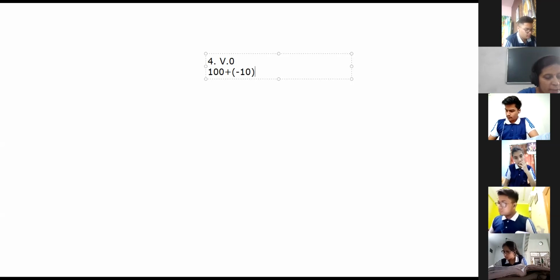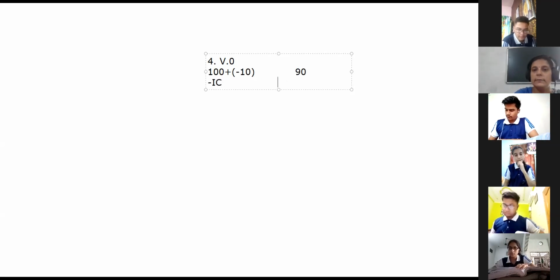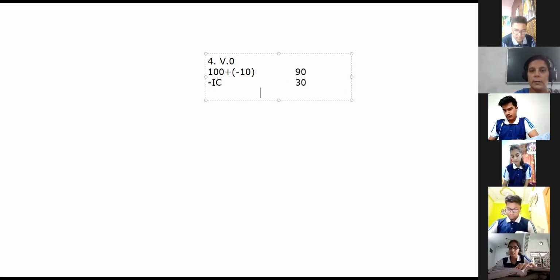Change in stock is closing minus opening. 10 minus 20, and this will come out as 90 as value of output, minus intermediate consumption, that is given as 30. And now you will get this GVA at MP.